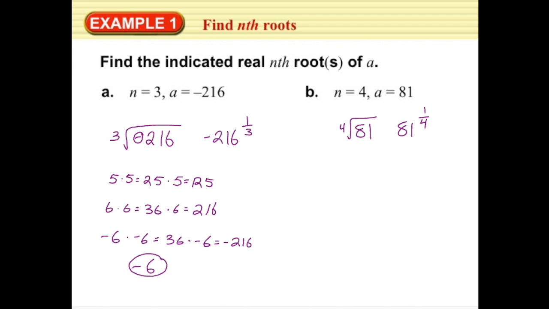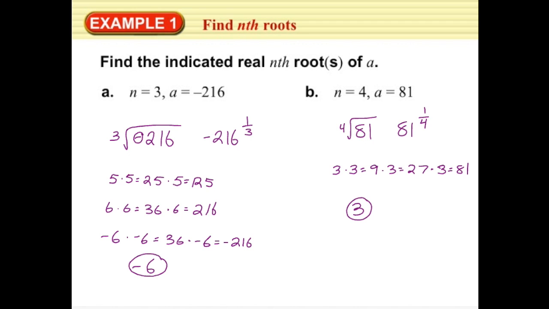So I would start with maybe the number 3. 3 times 3 is 9, times 3 is 27, which times 3 is equal to 81. Wow, that was pretty good. I got that on the first try. So I know that the 4th root of 81 is going to be equal to 3, right?